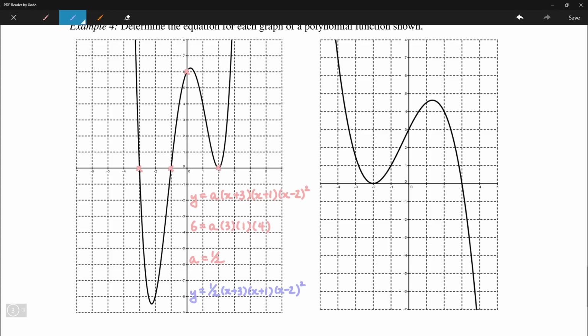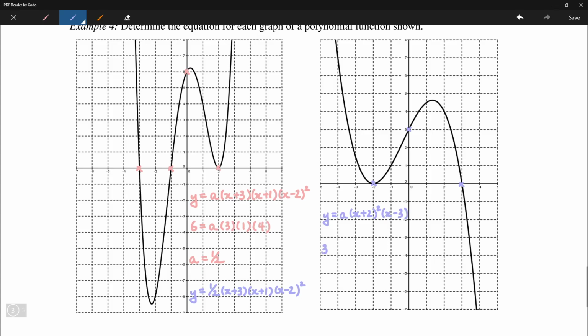Question on the right-hand side, very similar. -2 and 3 are the x-intercepts and the y-intercept is +3. So let's do the same thing. Y is equal to a, and then x plus 2 squared, and then x minus 3.